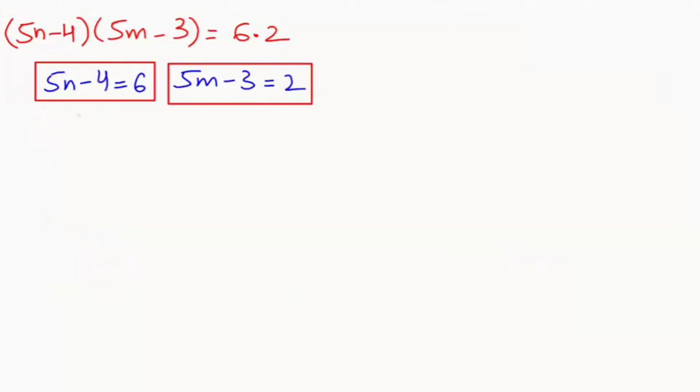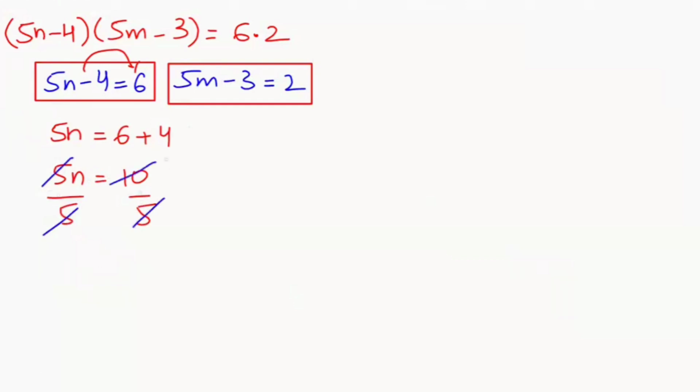Now I will solve this for n. 5n is equal to 6, this I will take to the right hand side, positive 4. 5n is equal to 10. Here this 5 is dividing this side, and it is going to be cancelled out by 2. So n is equal to 2. This is a positive integer.